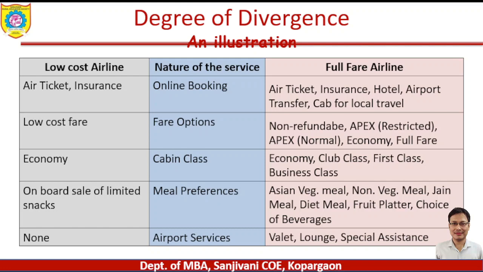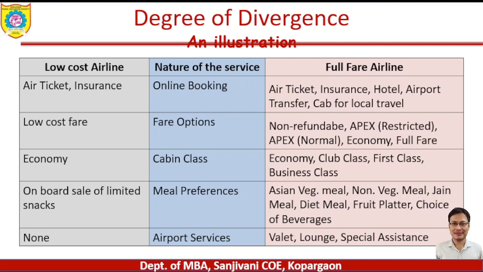Depending upon the nature of contact and the degree of complexity, it results in a degree of divergence with respect to the service element or the service level that the customer gets from both these two different airlines.